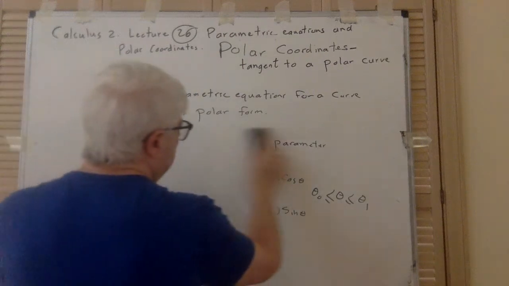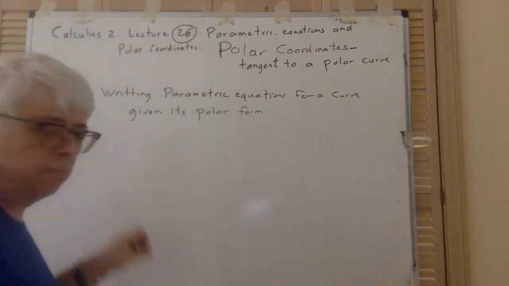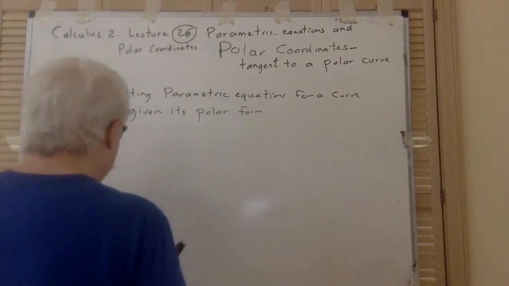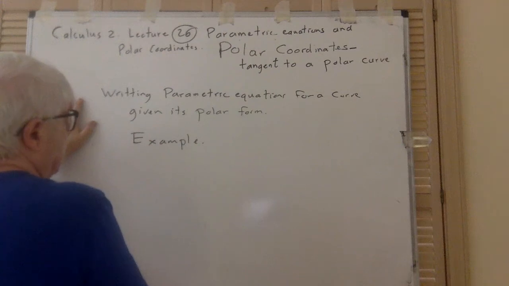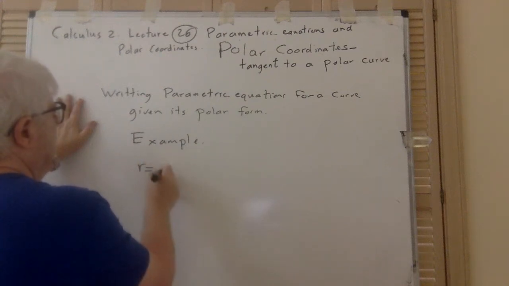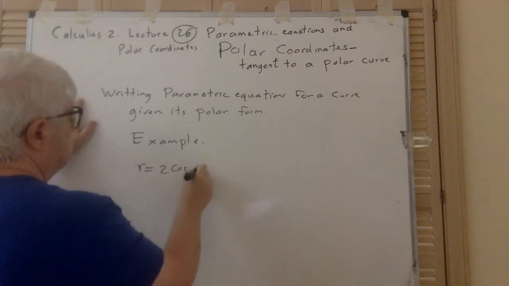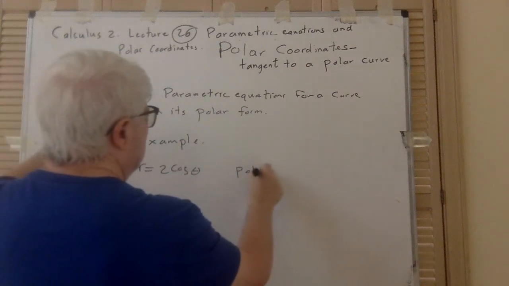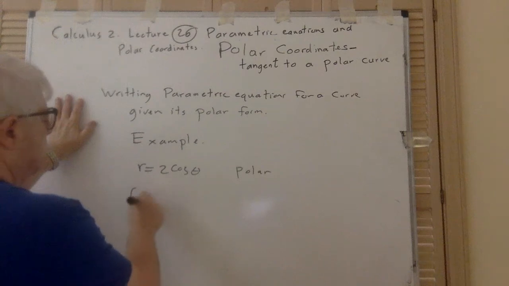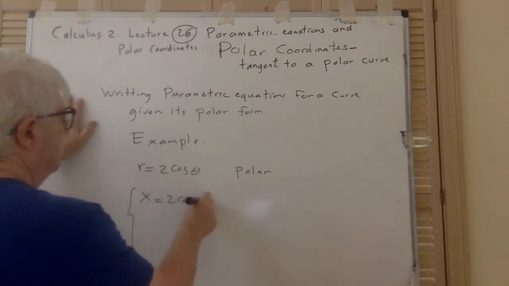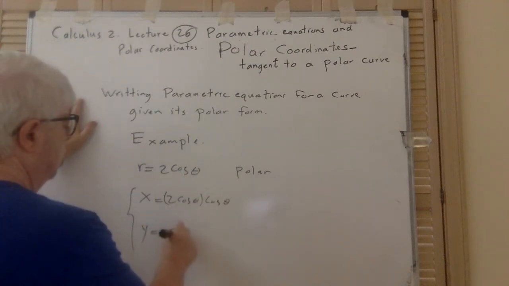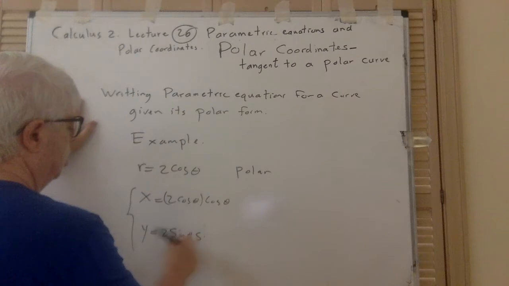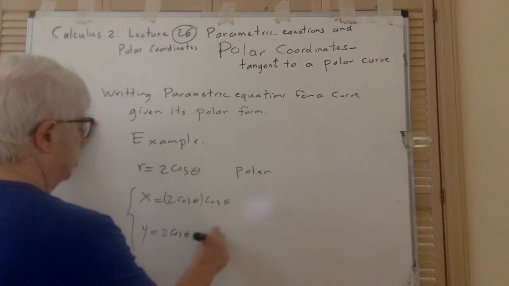Let me give you an example. Let's take r equals 2 cosine theta, that's polar. Then x equals 2 cosine theta times cosine theta, and y equals 2 cosine theta times sine theta.